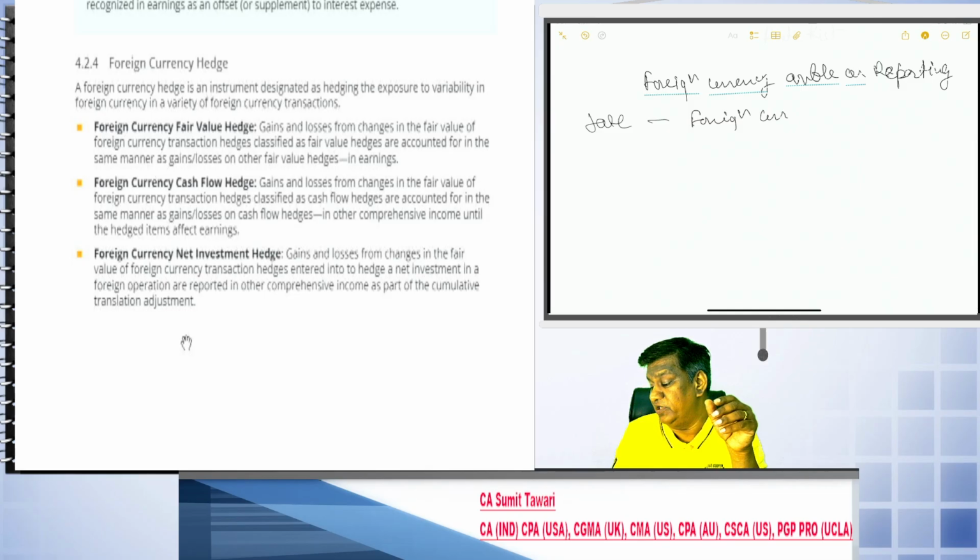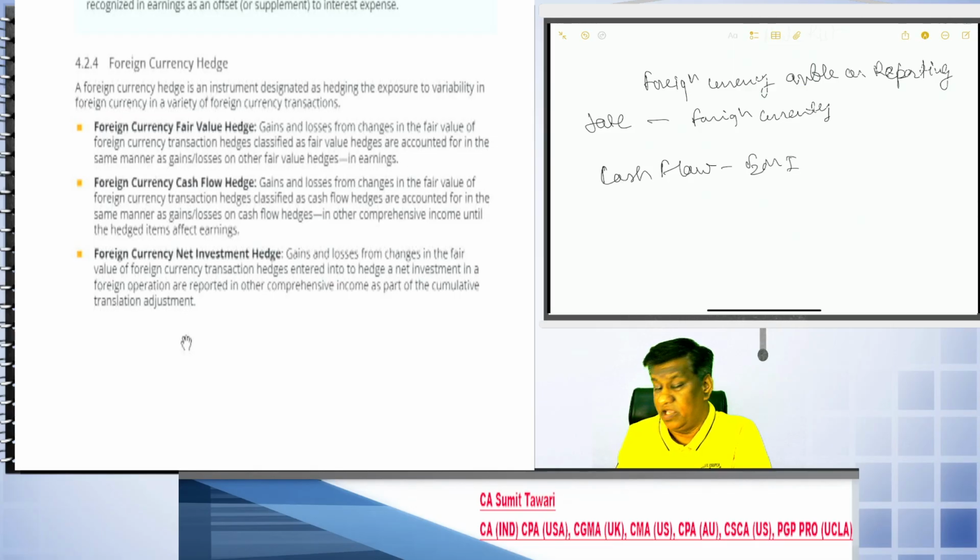Any obligation in foreign currency, or an asset like a current asset in a foreign currency. Cash flow is basically EMI. And the third is investment: if a US company holds a property in India, while converting the fair value, that is basically the foreign currency net investment hedge.